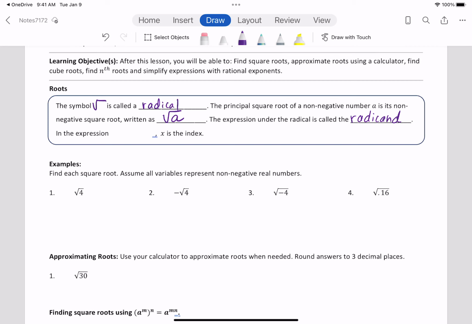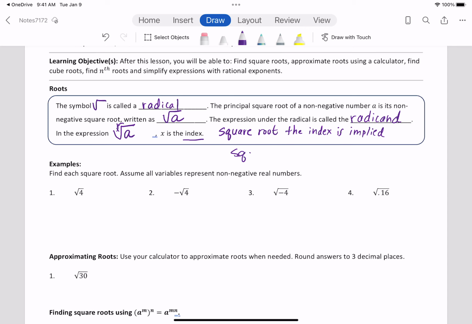And in the expression that looks like this, the x is the index. And when we are talking about a square root, the index is implied and we don't actually write it.